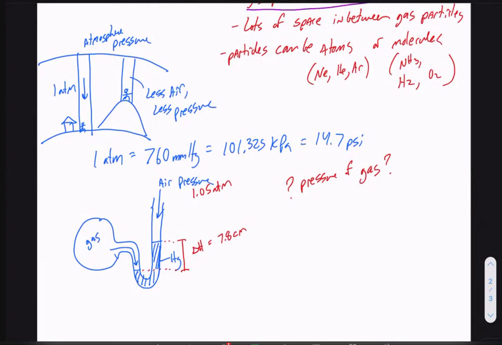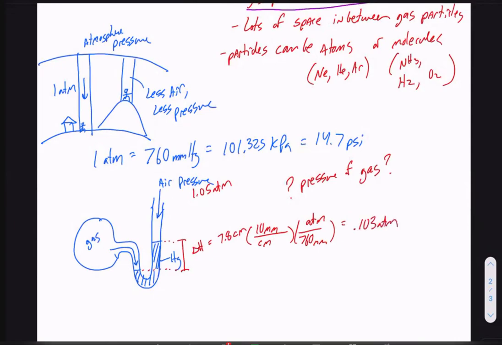7.8 centimeters, convert this into atmospheres. So what do we know about centimeters? We know that a centimeter is 10 millimeters, and we know that there's 760 millimeters per atmosphere. So the difference in height is equivalent to 0.103 atmospheres.